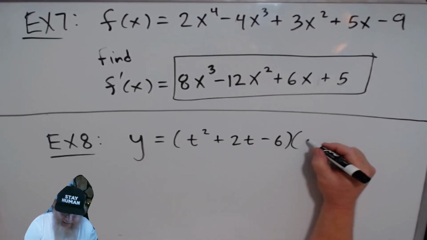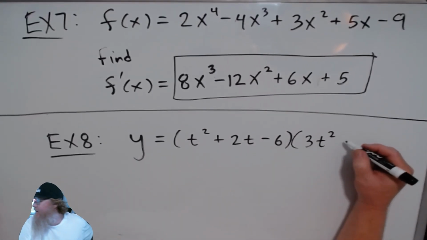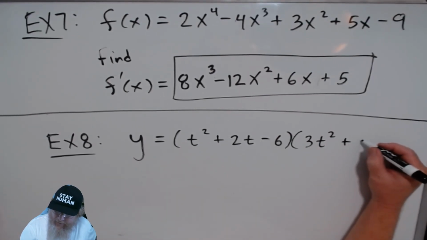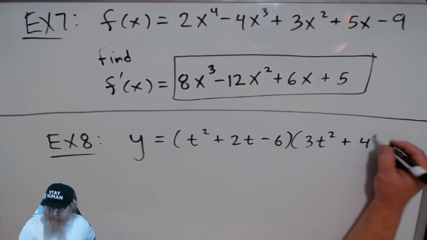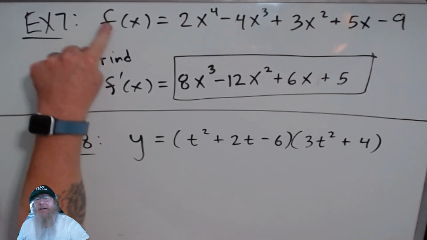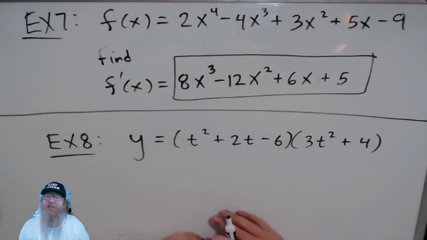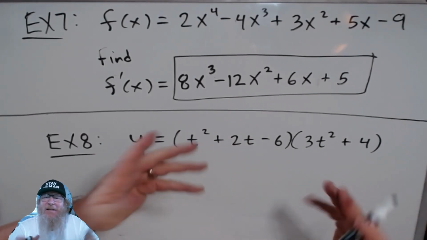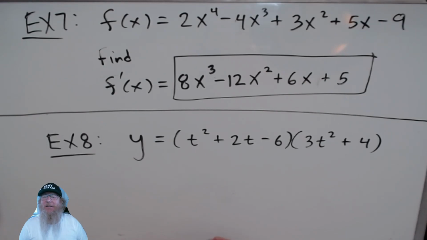All right, so y is like f, and t is like x. So this is like bread and butter of a different flavor here.